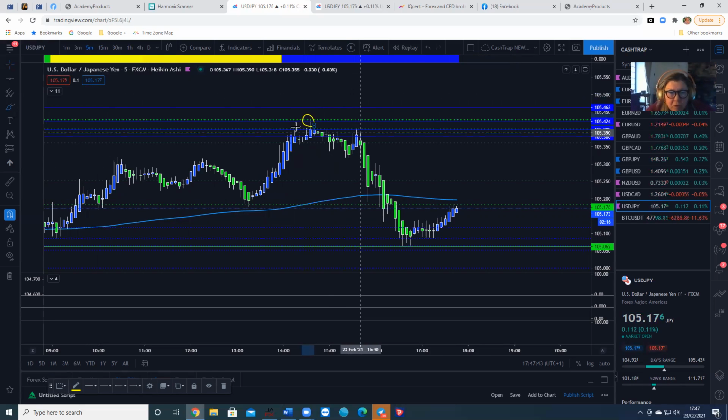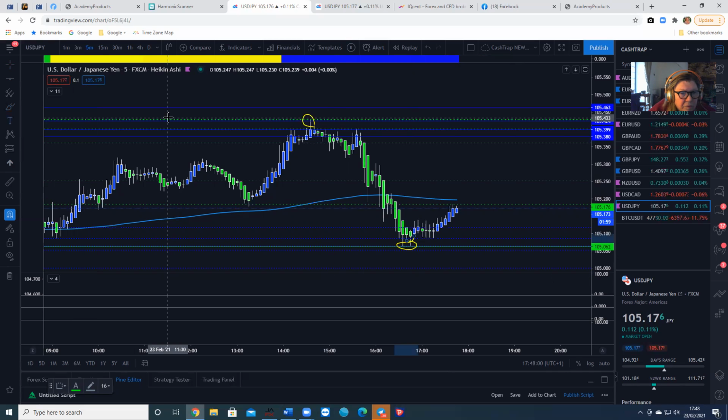So that's a very strong line that it can't break through. And down here in this zone, that matches up very nicely. So we've got some good levels. Now let's see what happens when we put quarter theory on. So I'm doing this sort of slowly, obviously.